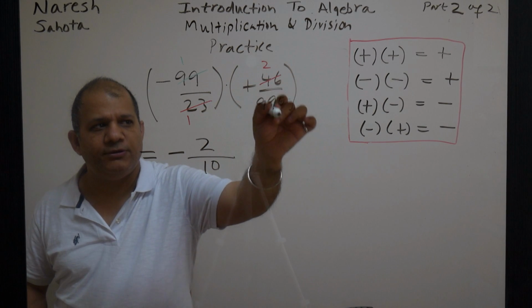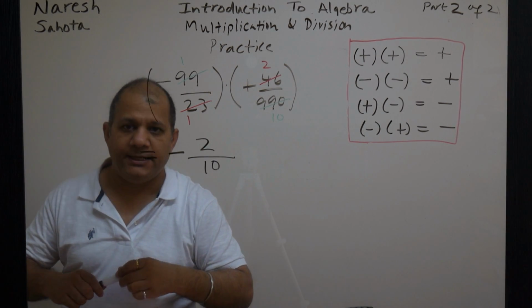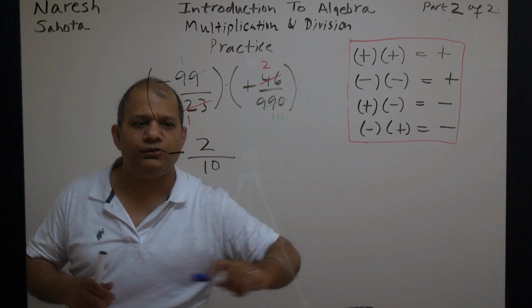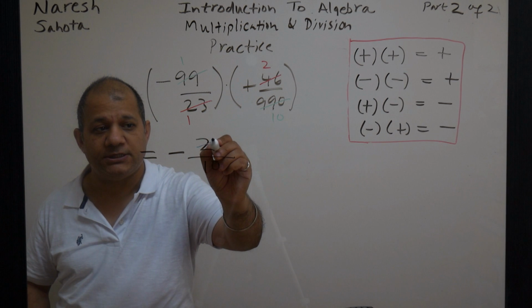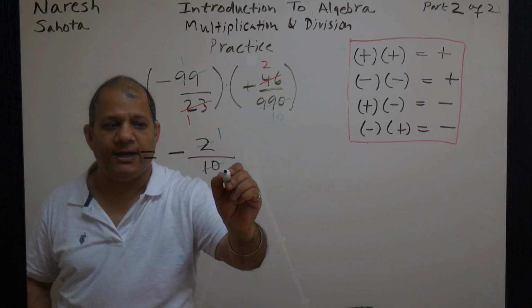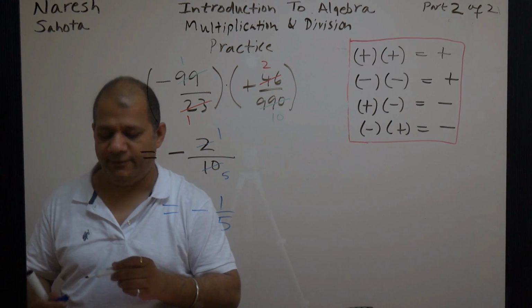I could have reduced 2 and 10 further here, but it would be messy. I can do that in the next step. So now 2 over 10. 2 goes into 2 one time, and 2 goes into 10 5 times. So the answer is negative 1/5.